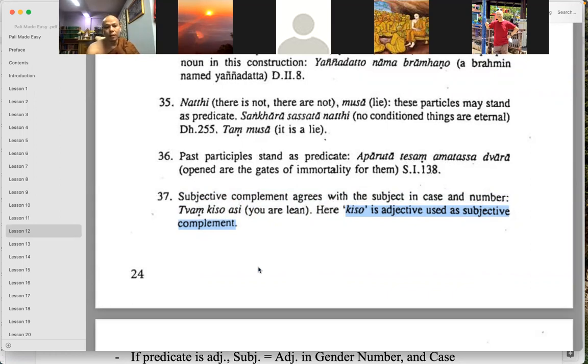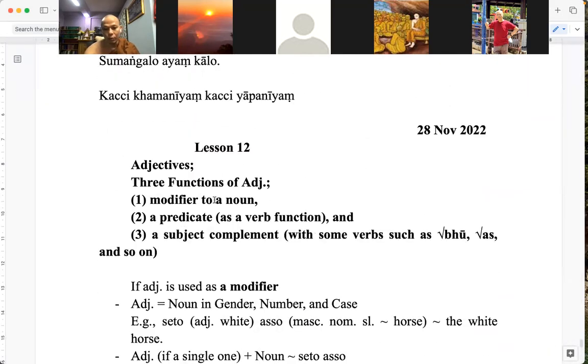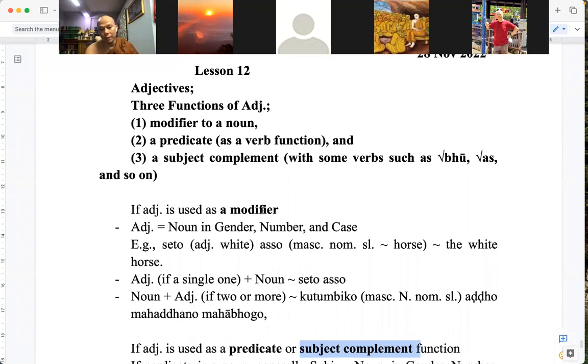That is why they must be the same in gender, number, and case. Let me summarize this one again: adjective and modifier must be the same in gender, number, and case because they have the same reference. So when we make a question, that point is clear, you see?